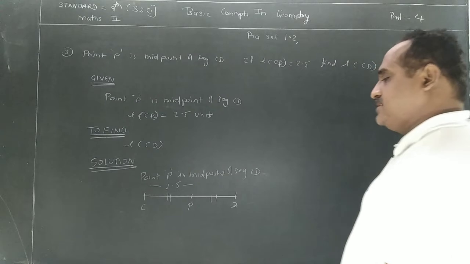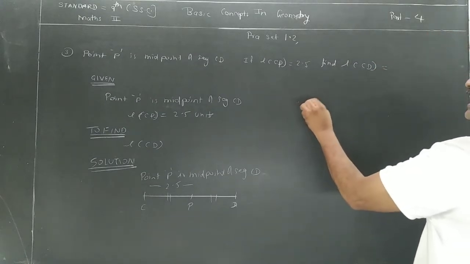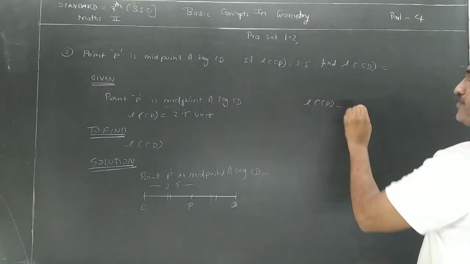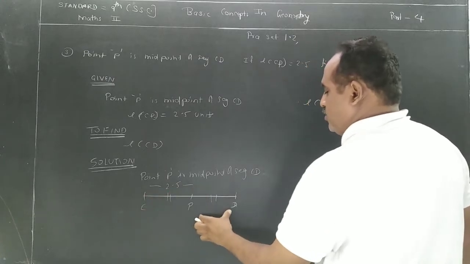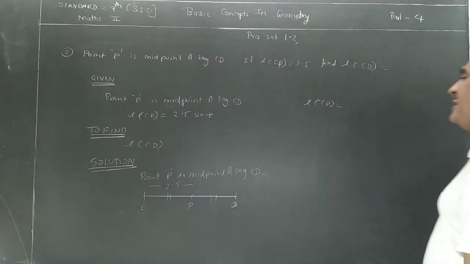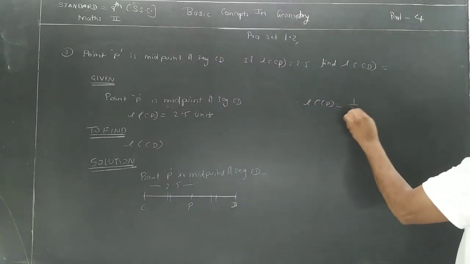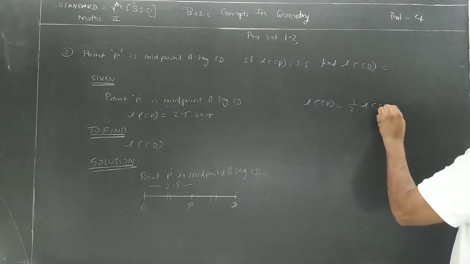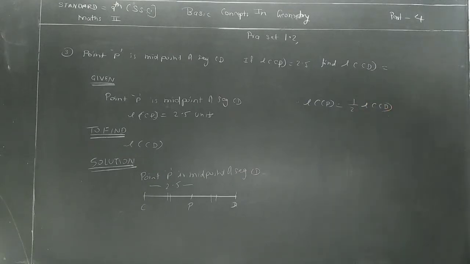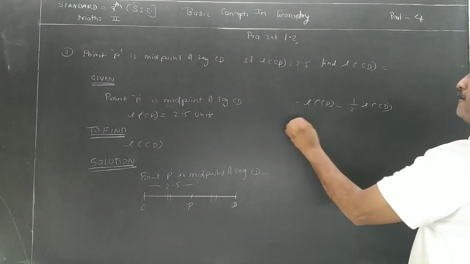Therefore I can write length CP is equal to length PD, and CP is half of length CD. We have been given the value of CP.